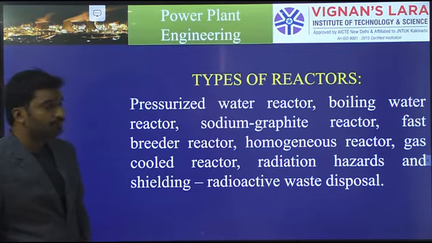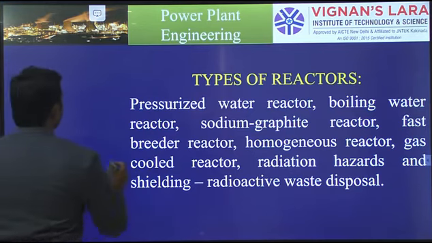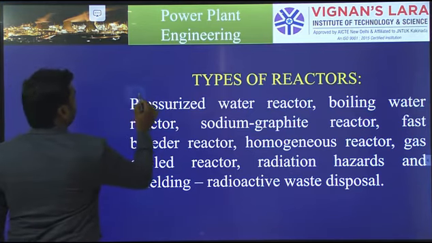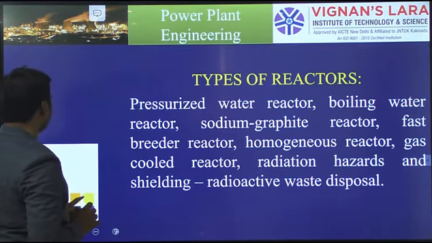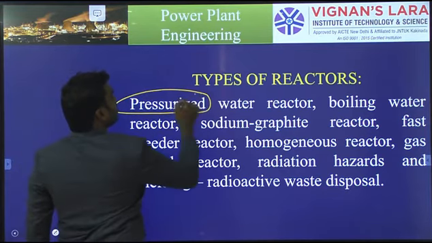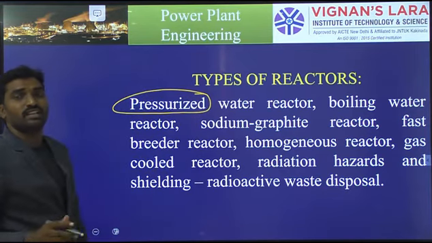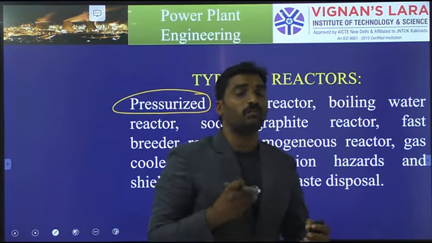Out of which, in the present session I would like to discuss mainly two things. One is the pressurized water reactor. In a pressurized water reactor we are using a high pressure of water. So what happens when the water pressure increases?